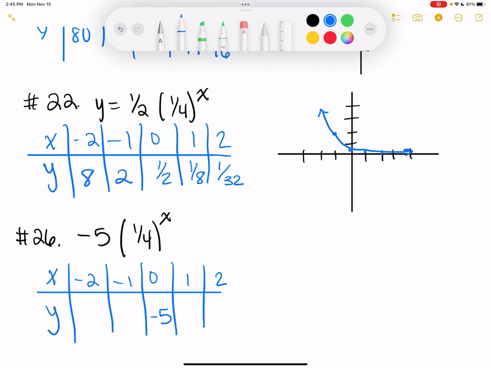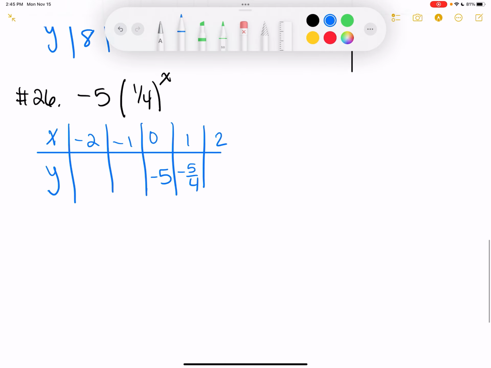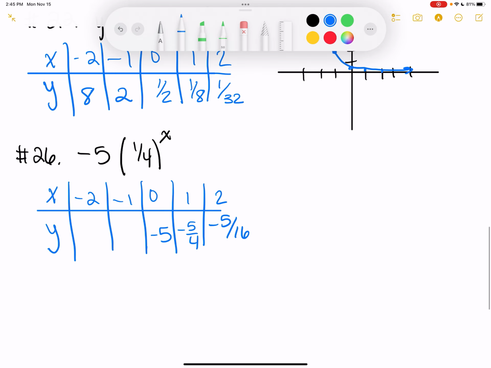At 2, -5 over 16. At -1, it's -5 times 4, because 1/4 to the -1 is 4 over 1. So 4 times -5 is -20.